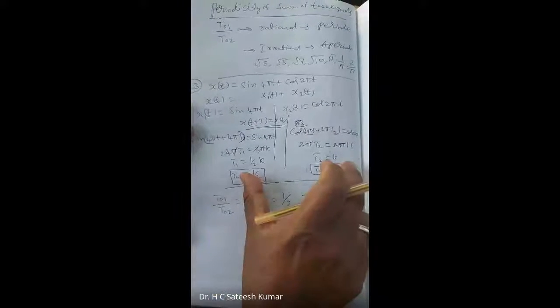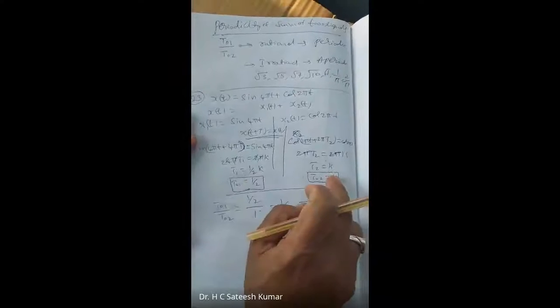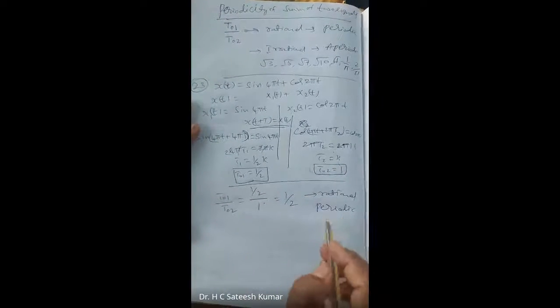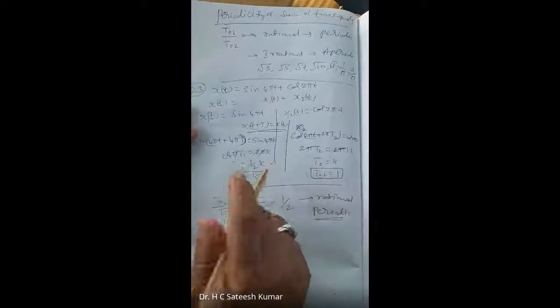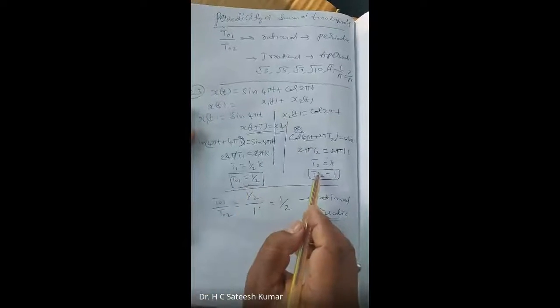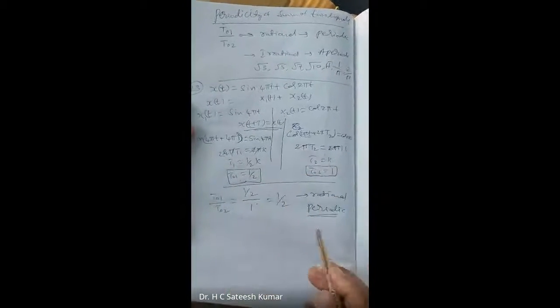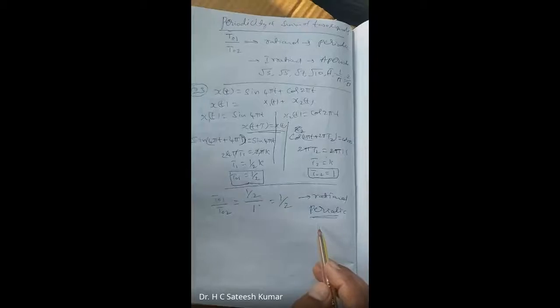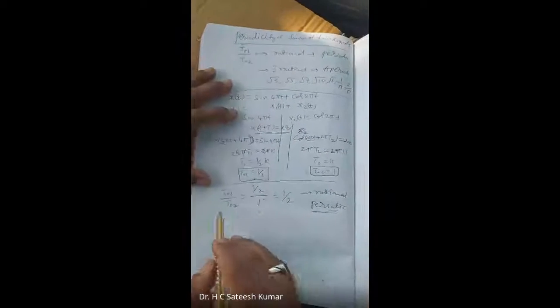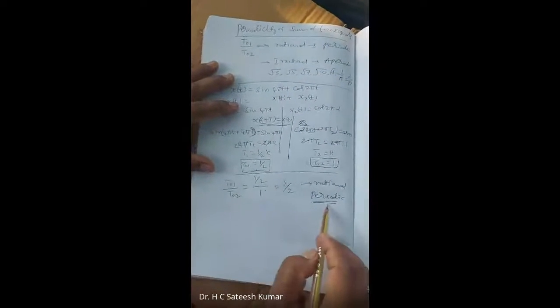Sometimes individual terms are always periodic, but the ratio and the final result don't satisfy the condition. We got the periods; whether the sum is periodic or not, for that we have to apply the condition. The ratio is rational, so it is periodic.